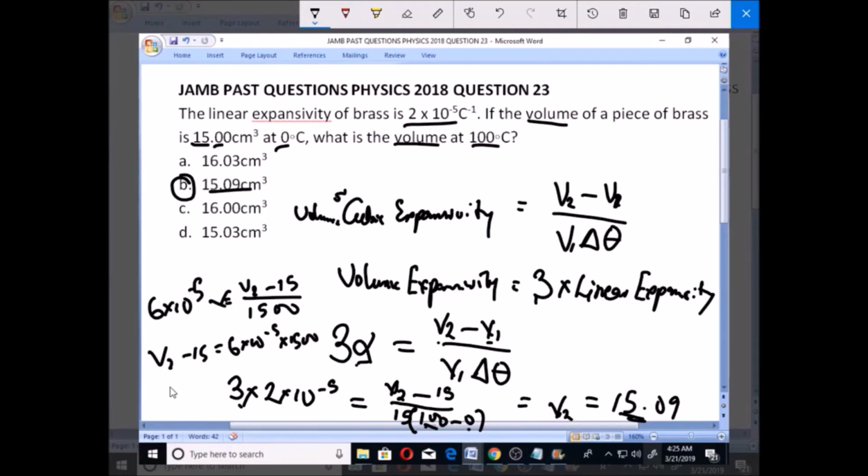If you multiply this out and make V2 the subject, V2 is equal to 6 times 10 to the power minus 5 times 1500, plus 15, as the 15 goes to this side. If you multiply this out and add it, you get 15.09, because this times this gives us 0.09, so plus 15 gives 15.09, and that is the correct answer.